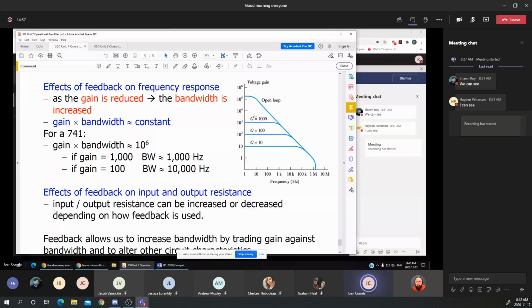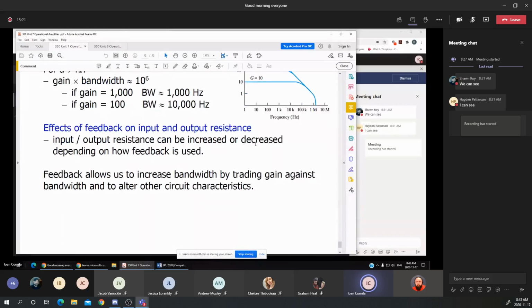That's why most of the time we are in this range, between 5, 10, 100, 1,000. If we go to a higher gain, the bandwidth is limited. Always take into account what is the bandwidth that is required to amplify a signal.